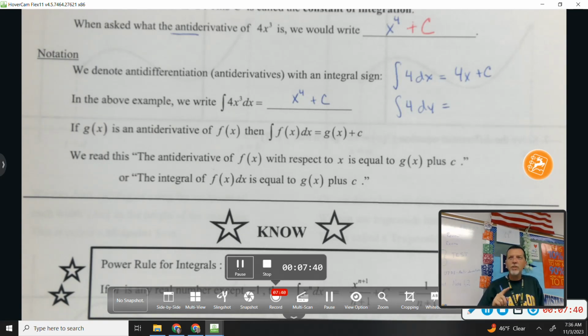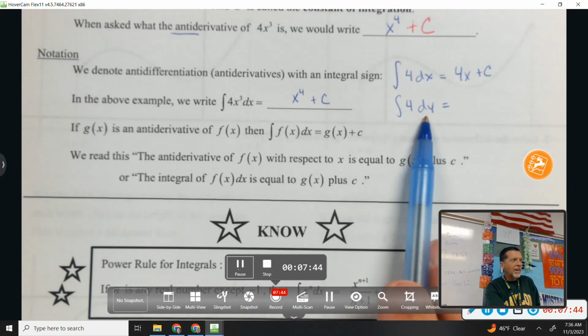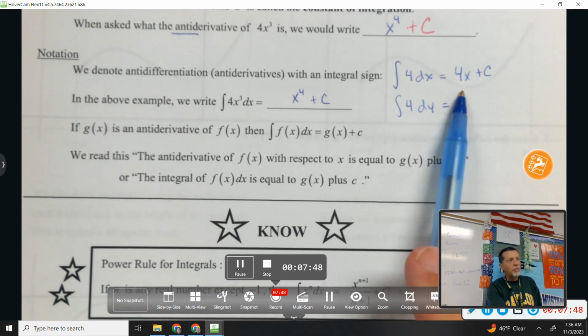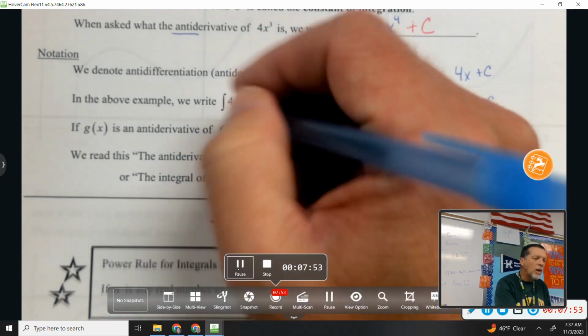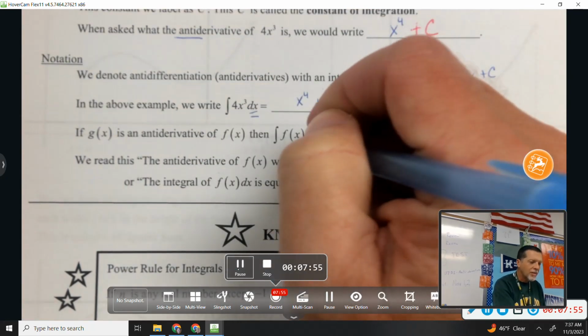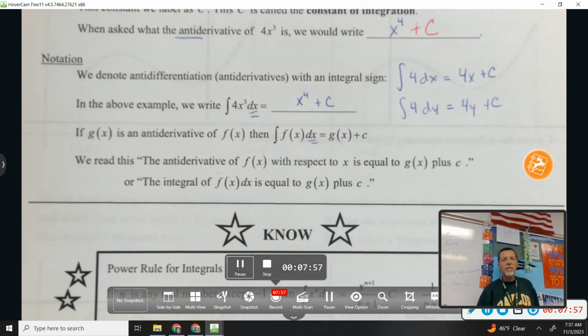Who would have a derivative of 4 if we were taking a derivative with respect to y? It'd be 4y. It's not 4x anymore, it'd be 4y. So almost all of ours are x, because that's usually what we're doing, but that shows why that dx is important. So basically, if it's a dx, just work the problem like you normally would. If it's something other than dx, then you better slow way down and figure out what's going on.